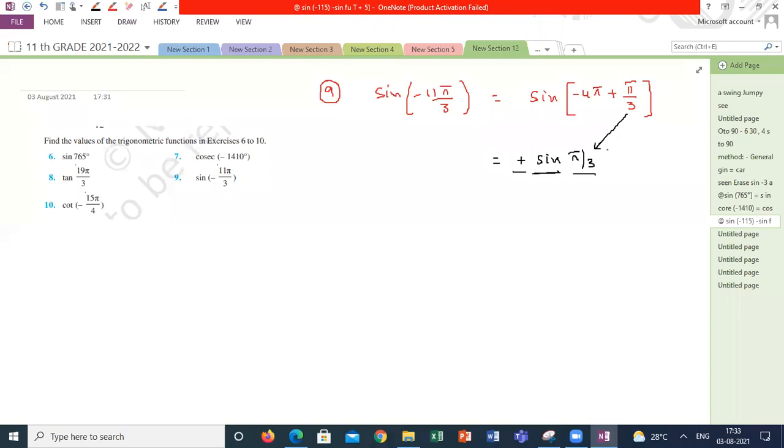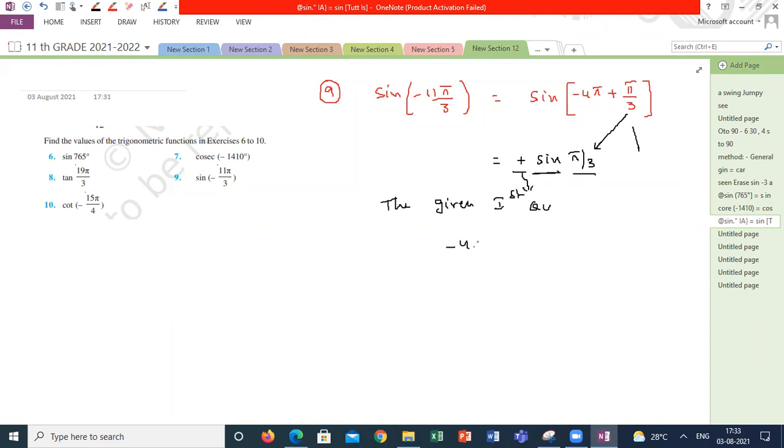Vaishnavi, guys, please. The sine value is positive in the first quadrant. Okay, correct. The given angle is in the first quadrant, and in the first quadrant everything is positive. So the positive sign is based on the first quadrant.